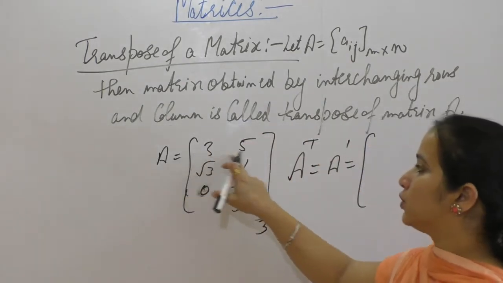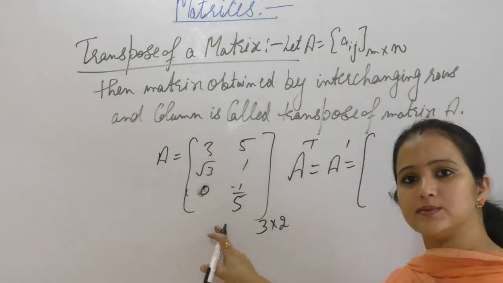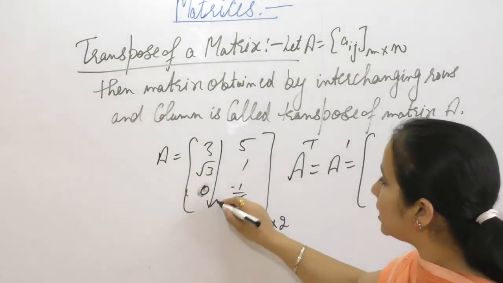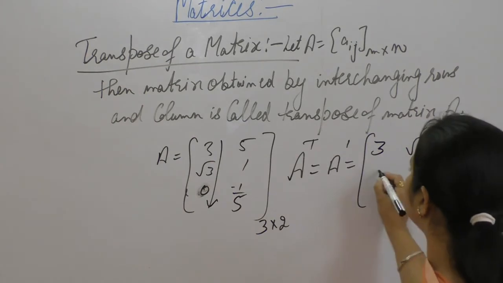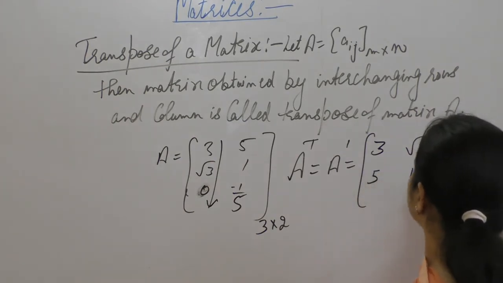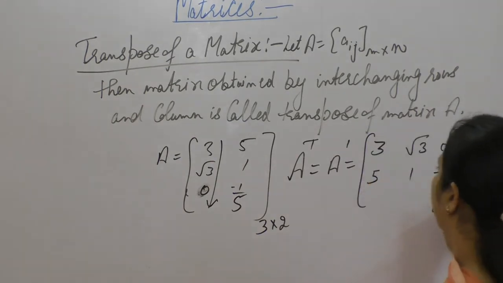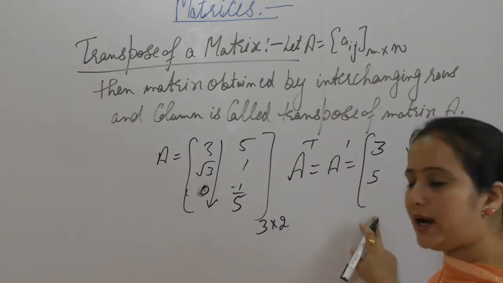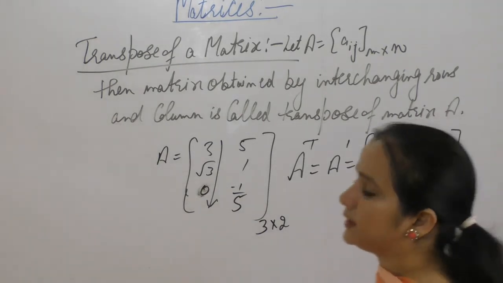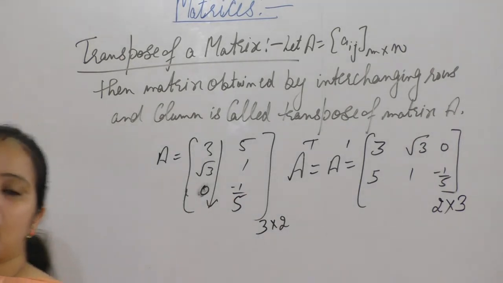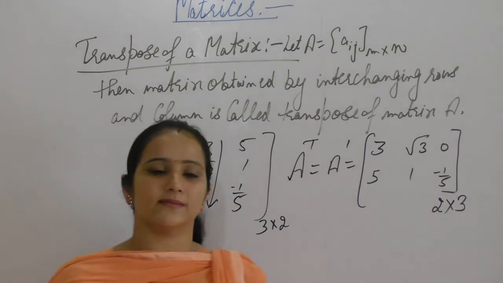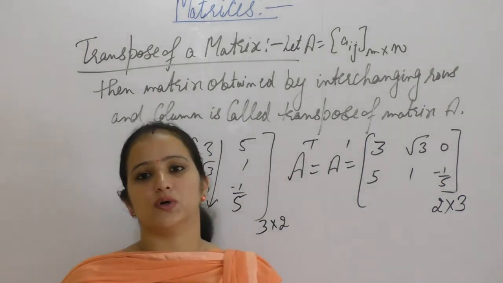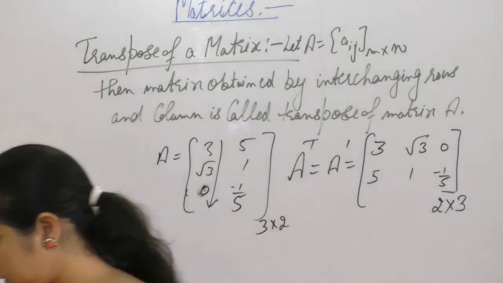So, change rows into columns and columns into rows. Change the first column into the first row. It becomes [3, square root of 3, 0; 5, 1, minus 1 by 5]. Here the number of rows is 2 and the number of columns is 3. So the matrix after interchanging rows and columns is called the transpose of the matrix.